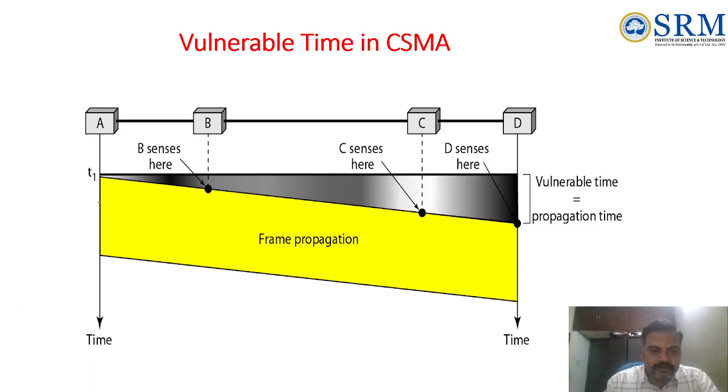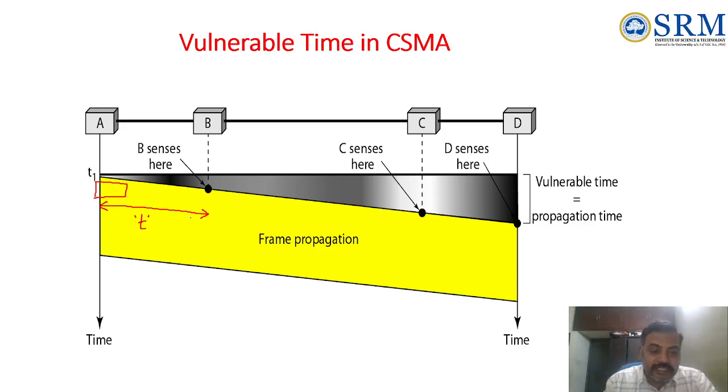So let us see, these are the stations A, B, C, D. At time T1, A is transmitting a frame. It will take some amount of time for the first bit of this frame to reach B's point.